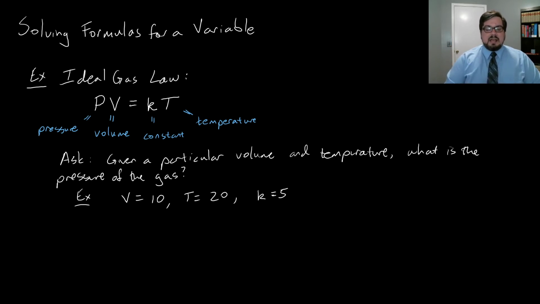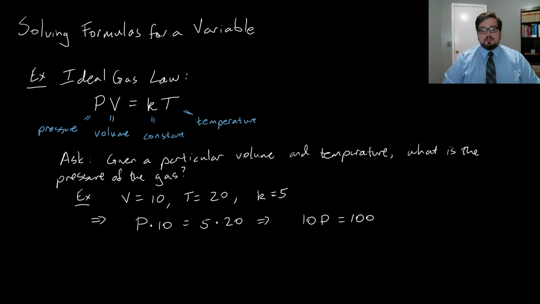Well, if that's the case, then we could replace three of the values in our ideal gas law with our values for V, T, and K to get that P times 10 equals 5 times 20. Or if we simplify this a bit, we can write this as 10P equals 100.